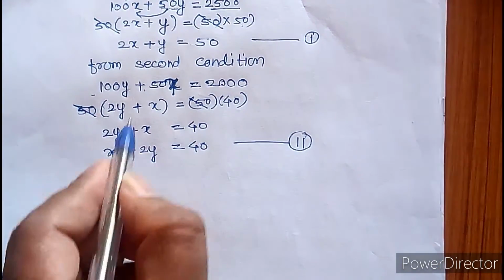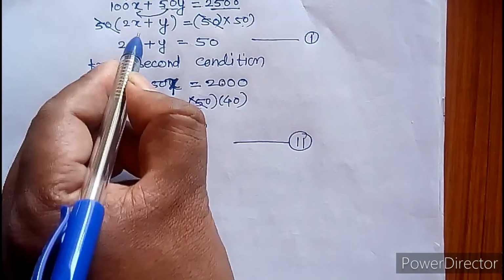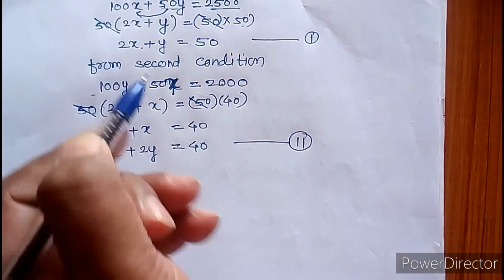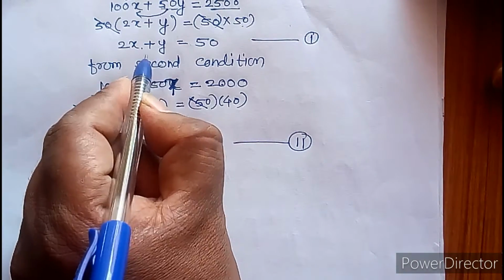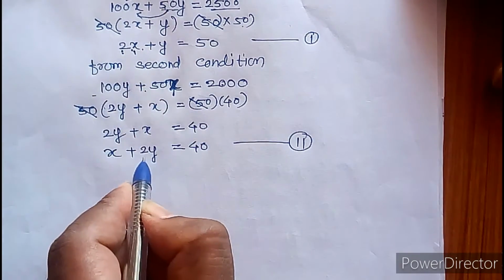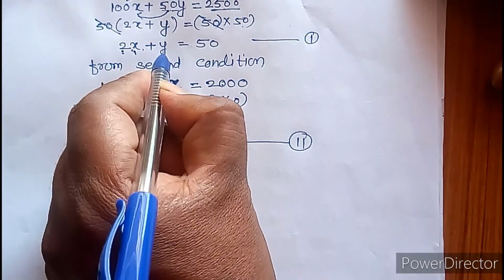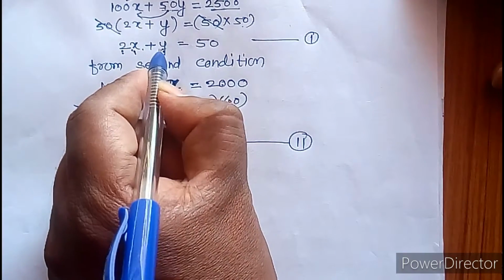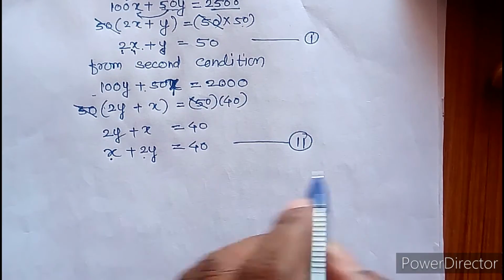We get two equations, equation 1 and equation 2. By observing these two equations, we notice that they are formed due to interchange of the variables. Here 2 is the coefficient of x and here 2 is the coefficient of y, and here 1 is the coefficient of x and here 1 is the coefficient of y.